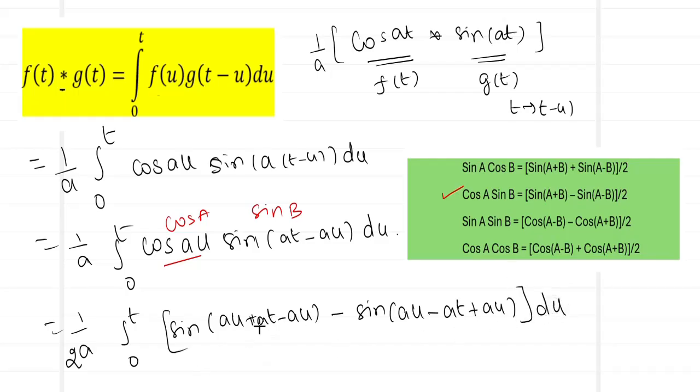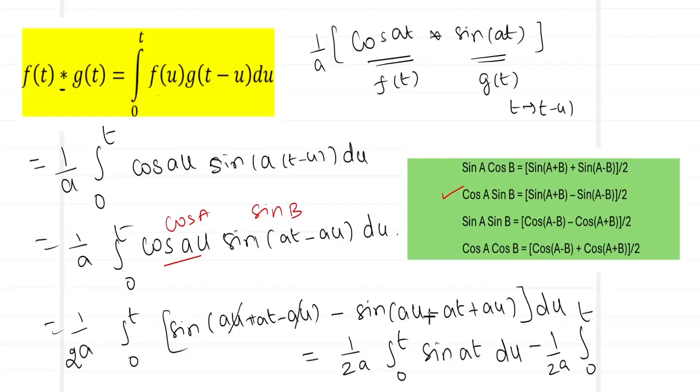Now in the first term, positive au, negative au cancels off, leaving you with 1 by 2a integral from 0 to t sine of what is left out, at, into du. Let me separate this into second term minus 1 by 2a integral from 0 to t. Now you have au here, so it is sine of 2au minus at into du.